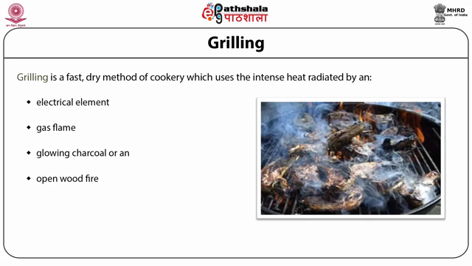The food can be positioned close to the heat source. The energy passes from the heat source almost instantly without having to be carried in a liquid or through much air. Only certain types of food are suitable for the intense dry heat of grilling.